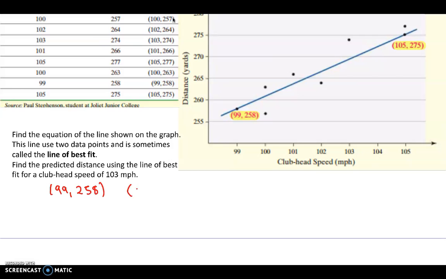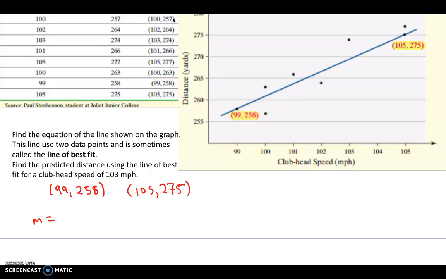So we have the 2 points, 99, 258, that's our first point. And then we got 105 and 275 as our second point. We're going to find the equation of a line through these 2 points. If you recall, a linear equation needs a point and a slope. We have 2 points already, but we need the slope.